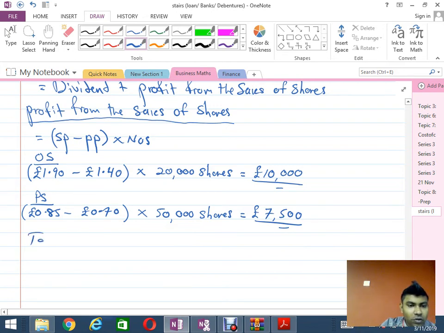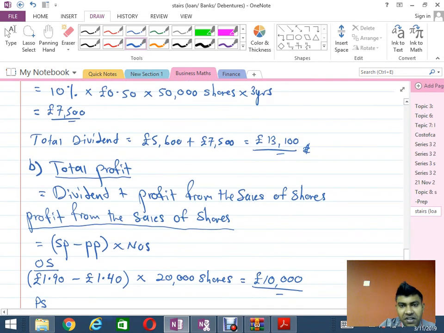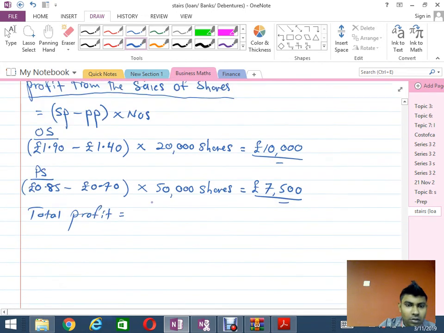Then you find your total profit. You take the dividend, 13,100, plus 10,000, plus 7,500.